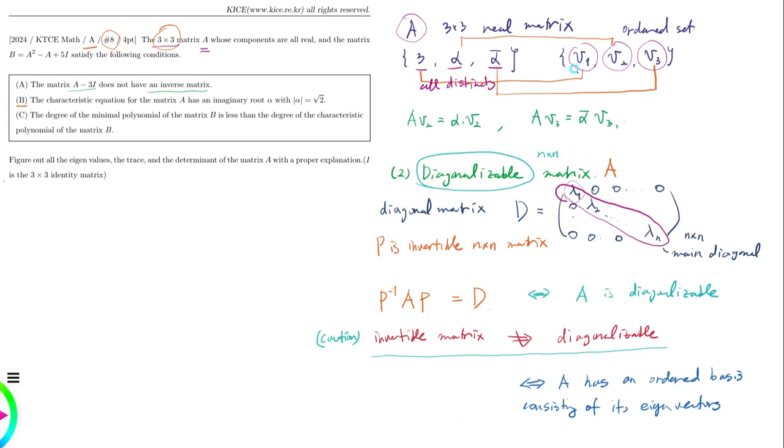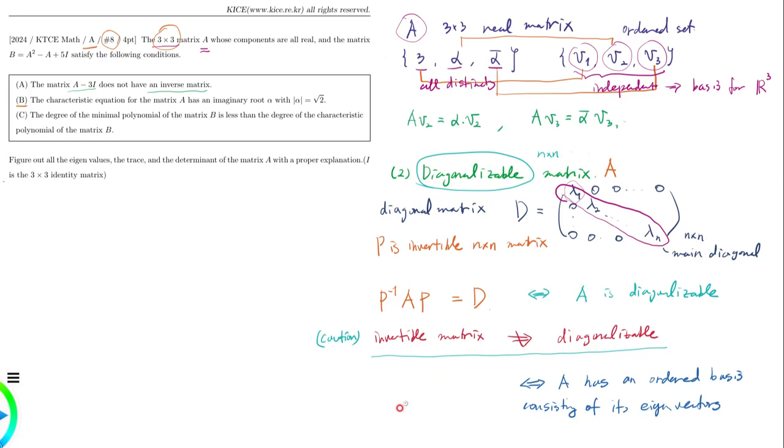That guarantees that those three eigenvectors are independent. So that means it could be a basis for, since it is real, R3, let's say.